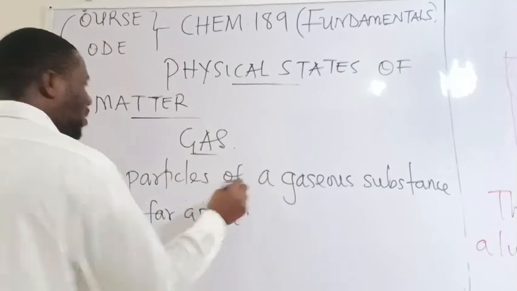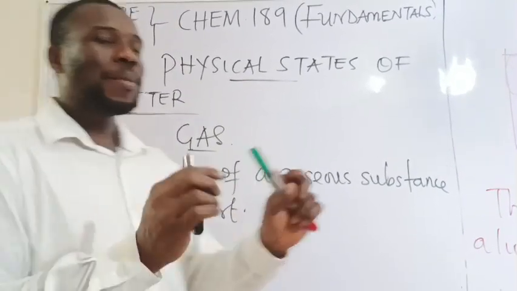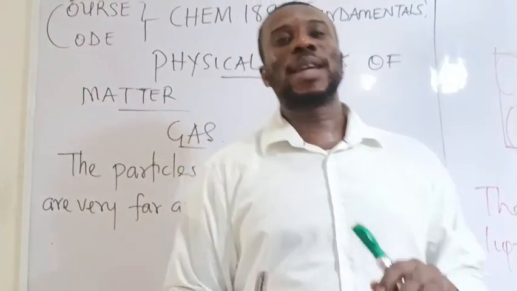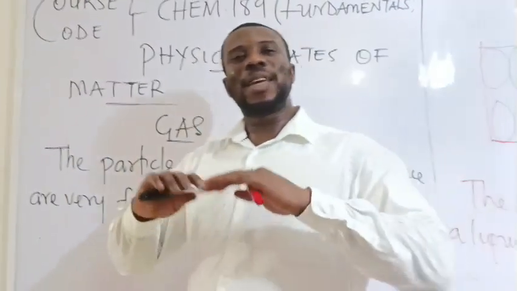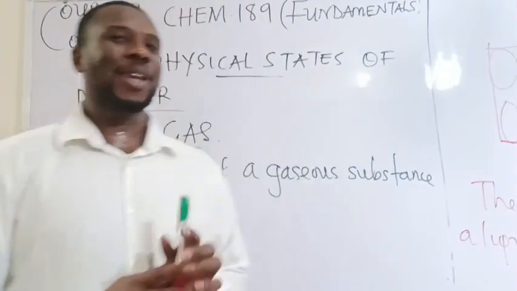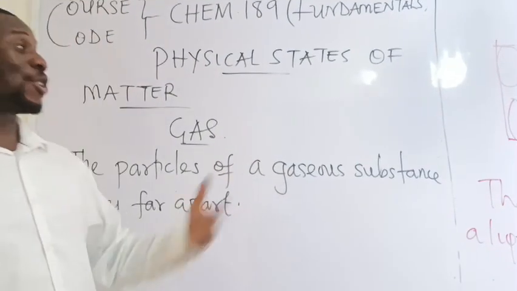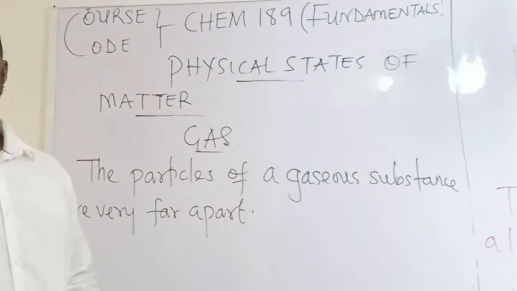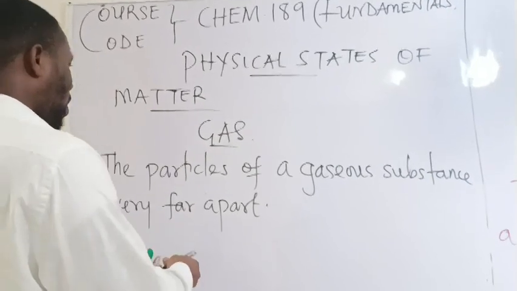What this simply means is the particles that make up a gaseous substance have gained enough kinetic energy, such that they move independent of one another. So they are very far apart.